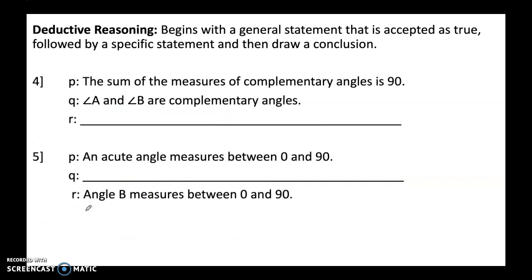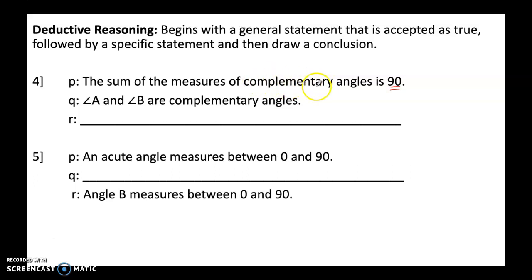Next, the sum of the measures of complementary angles is 90. Angle A and angle B are complementary angles. So again, the sum of the measures of complementary angles is 90.